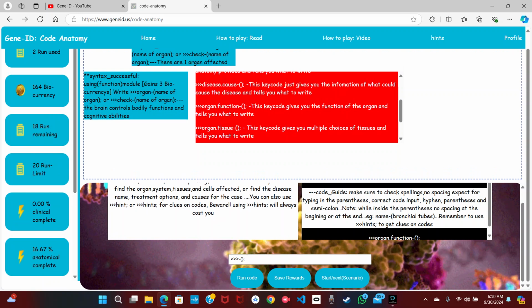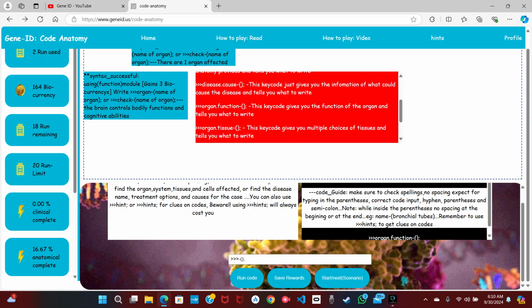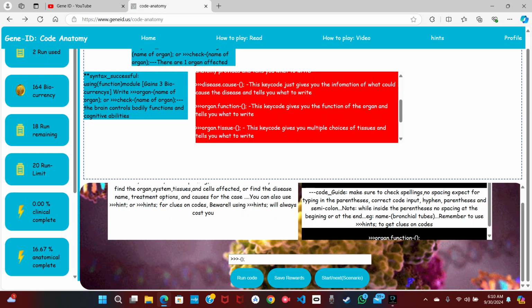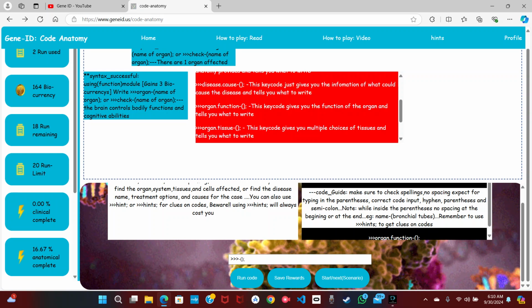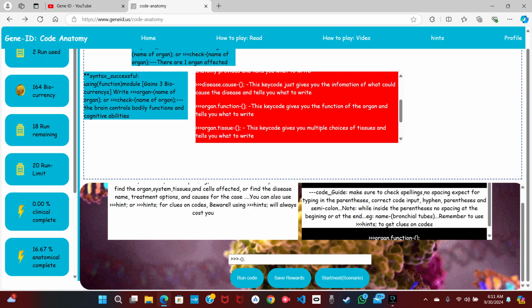So as you can see, I made anatomical progress because organ.function is the code for anatomy. So I made more anatomical progress than I made clinically, but I am not trying to complete the anatomical case this time around. I am trying to complete the clinical case.